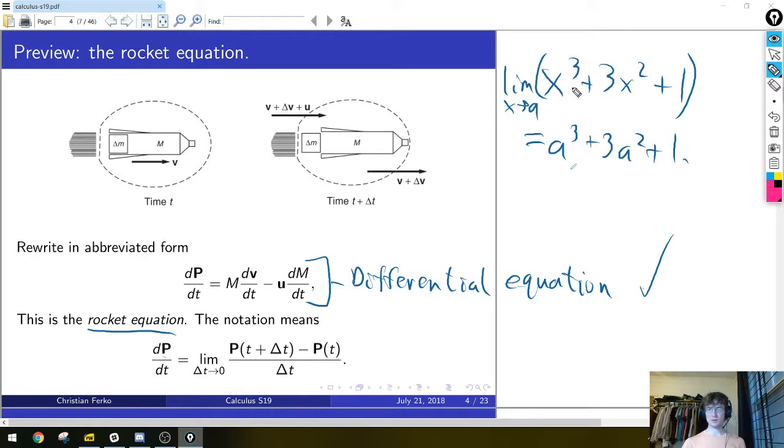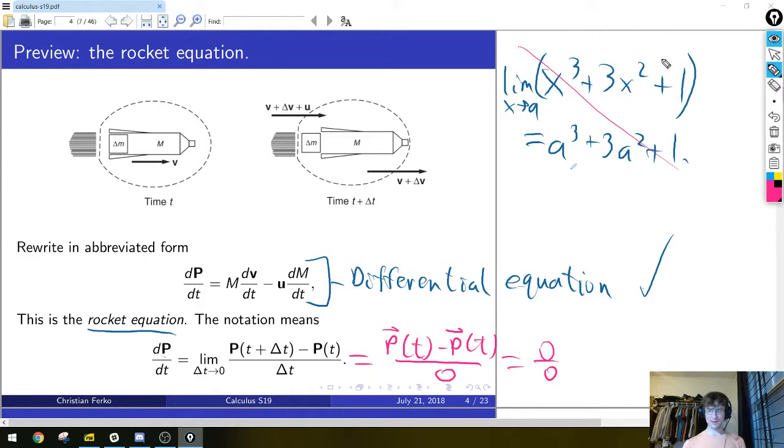So people say this, and then they ignore all of the important details about limits, and then as soon as you try to learn physics, the first thing you write down is a differential equation, which is an equation for a limit, and you will notice that if you try to plug in delta t equals 0 in this limit, you get p of t minus p of t divided by 0, which is 0 over 0.